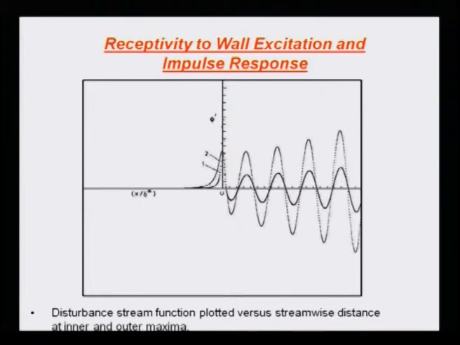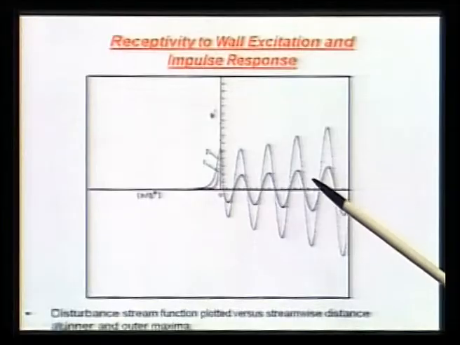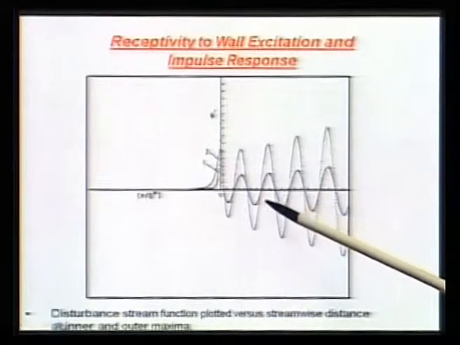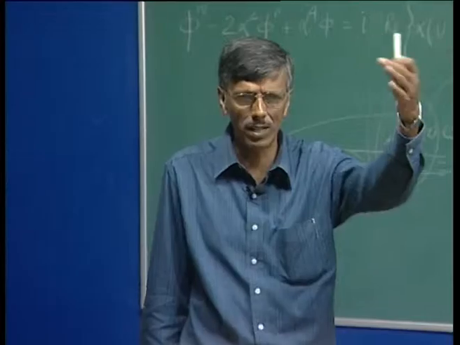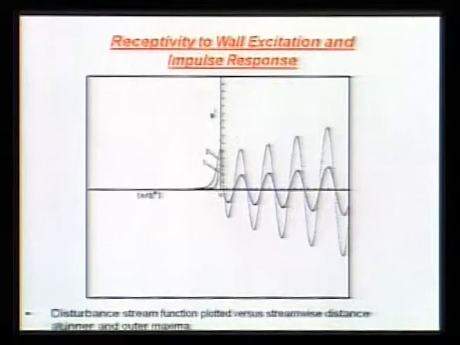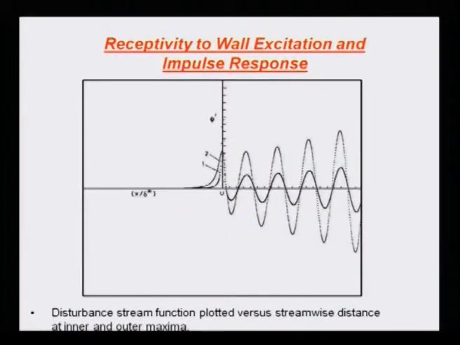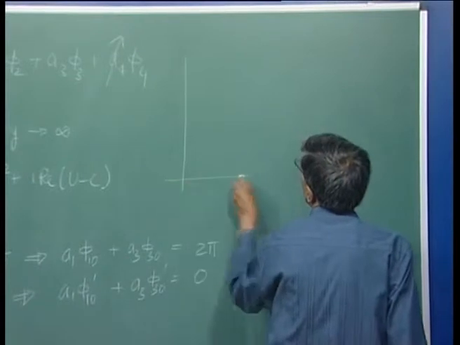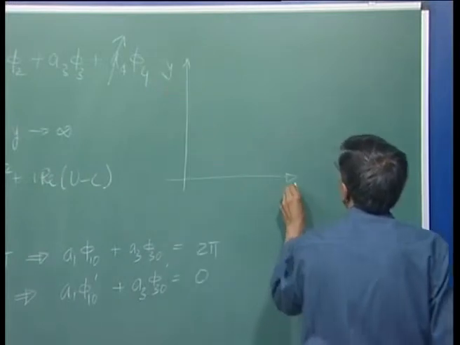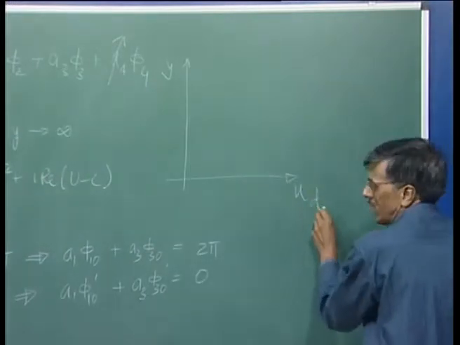It looks like what we also get a qualitative picture from stability theory, that we see the disturbances plotted at two heights. The solid line, it is the outer part of the shear layer, and the larger amplitude is the one that is closer to the wall. So, that is called the inner maximum. Okay. So, you will see that if I plot the disturbance velocity versus y, the disturbance velocity looks like this.